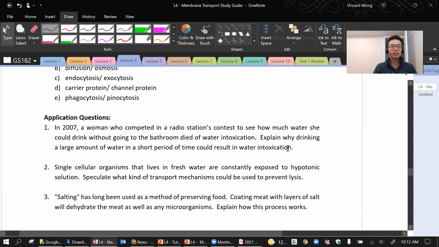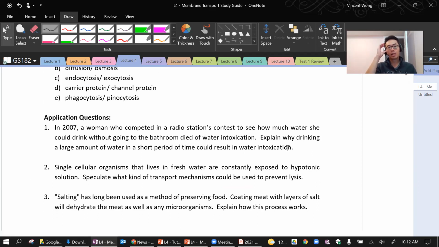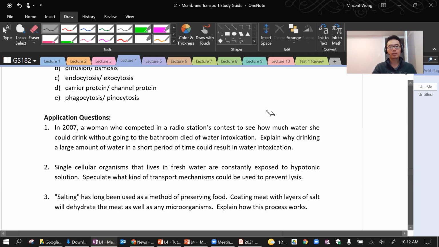So basically, if you drink a lot of water, just like tap water, then you are diluting your blood, right? So you're diluting the blood, and creating a hypotonic environment.